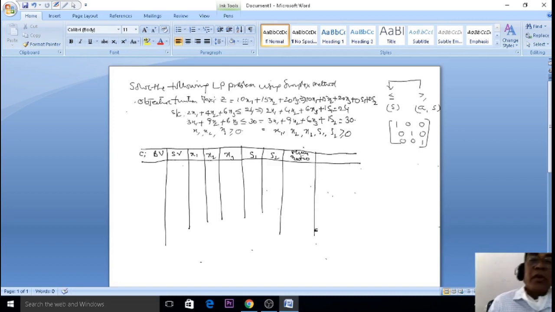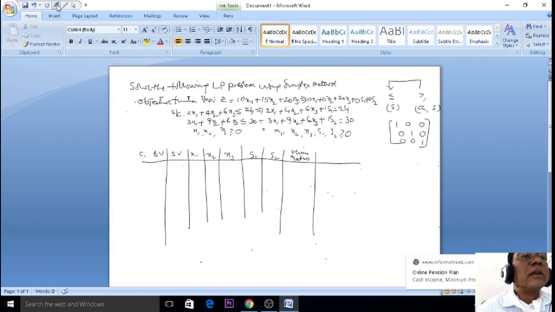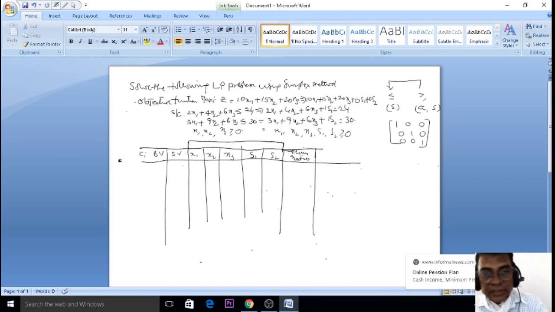Finish. Now the top values, again the same constants, and once the simplex table format is over, now how to enter the coefficients.